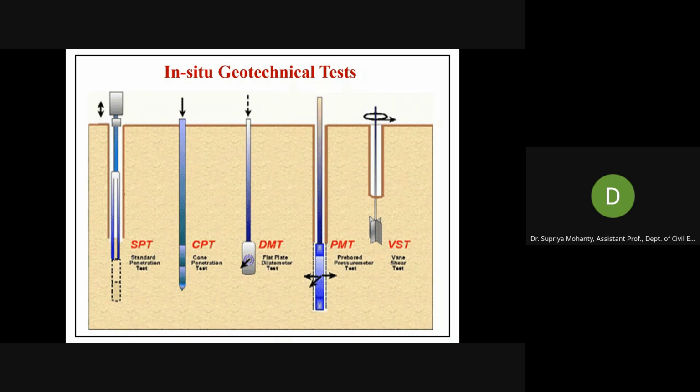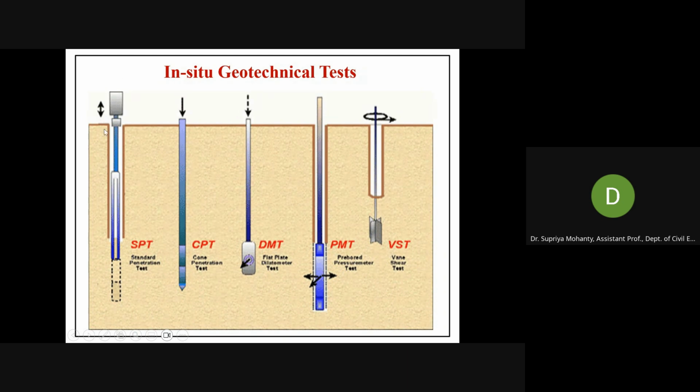If you see these in situ geotechnical tests, the basic difference among these five tests is, for the SPT test, you need a pre-borehole. First, you need to dig the borehole. Then you can drive your sampler, which is attached to the drill rod, with this hammer.